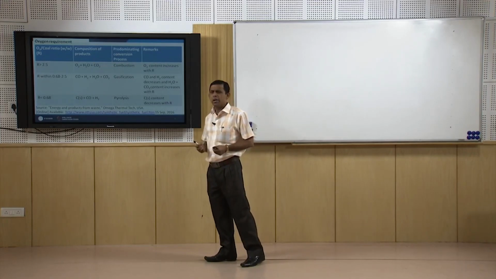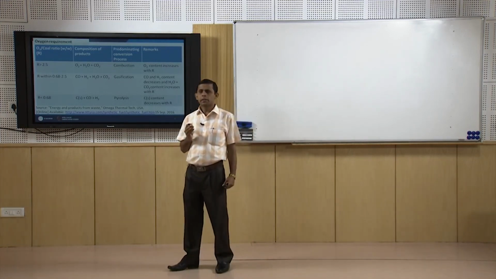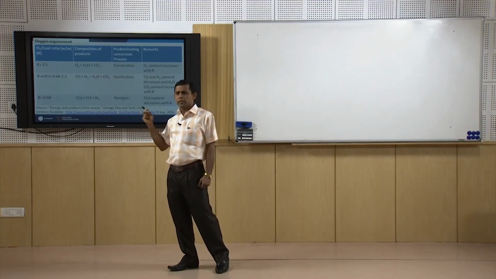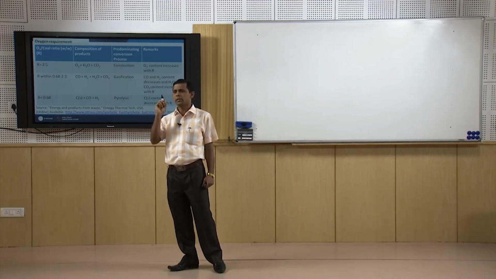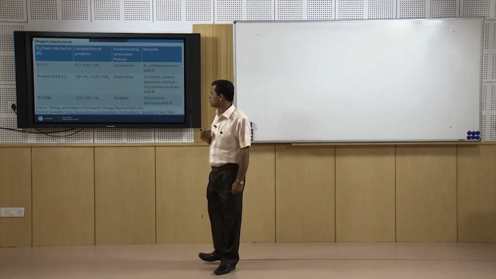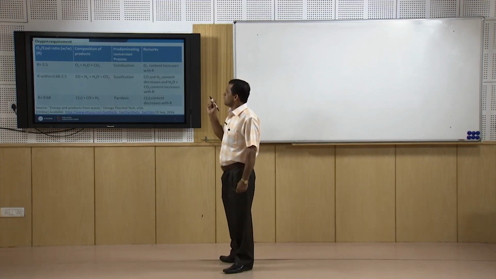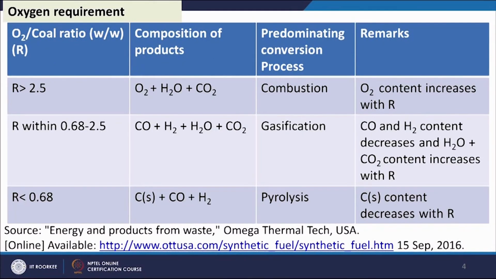In the earlier module we discussed that incineration, that is combustion, gasification and pyrolysis are the main three routes under thermal processing of solid waste. In incineration we need excess oxygen, in gasification we need controlled oxygen, in pyrolysis we do not need oxygen.